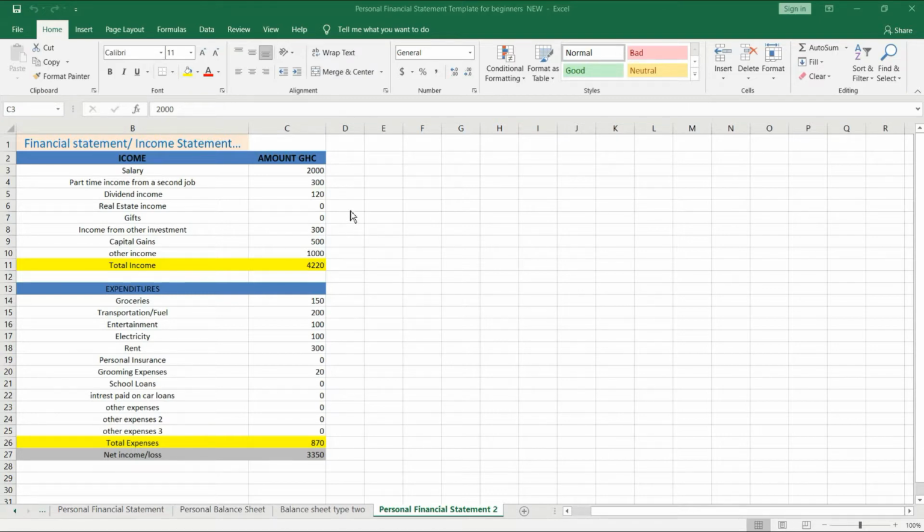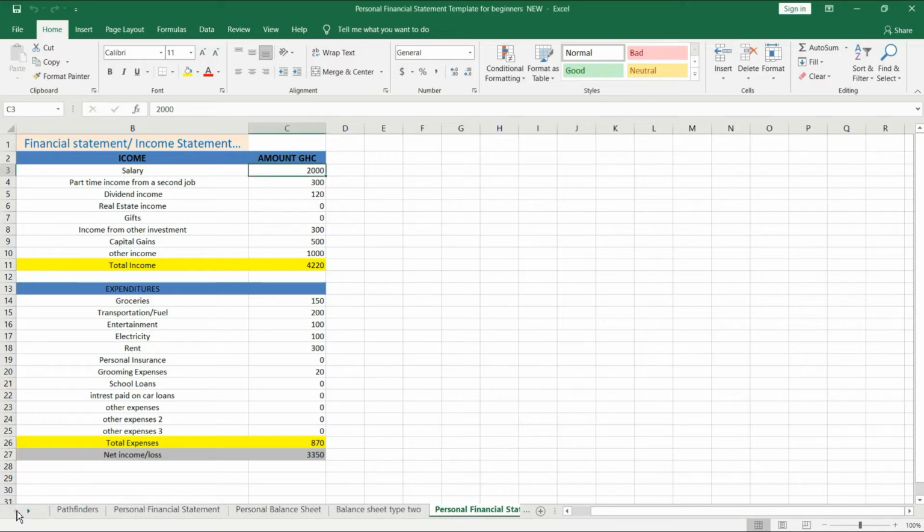Okay, so basically, this video is to explain the balance sheet and the financial statement and what it entails. When you open the file I placed on the page, this is what you see.